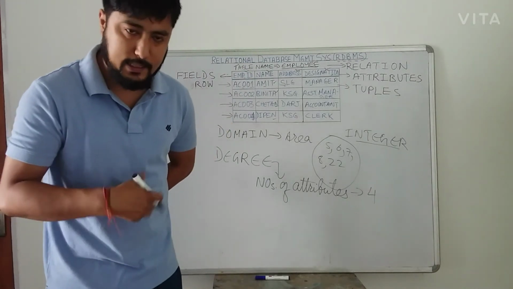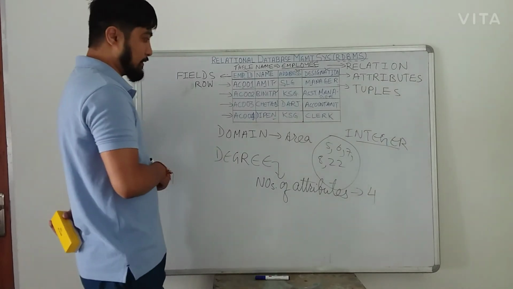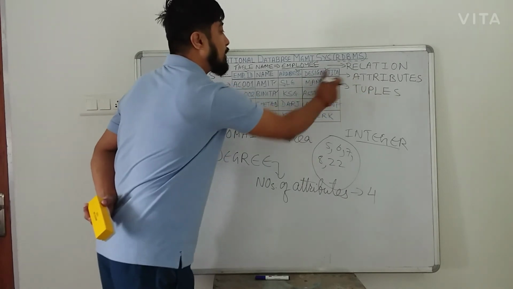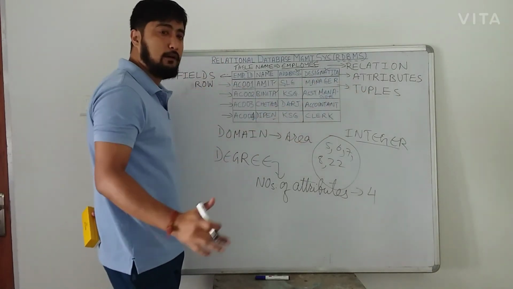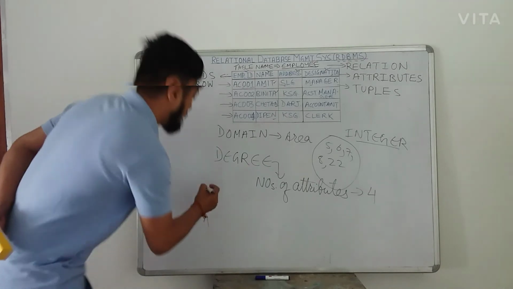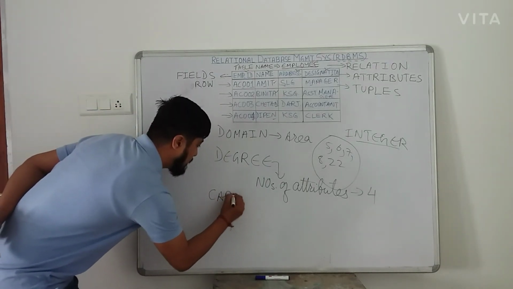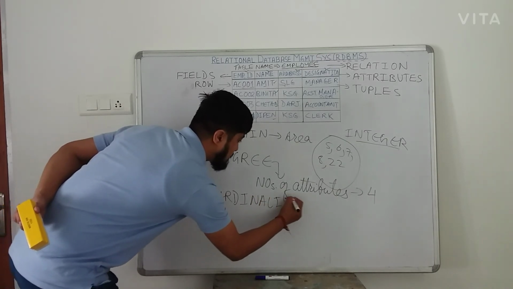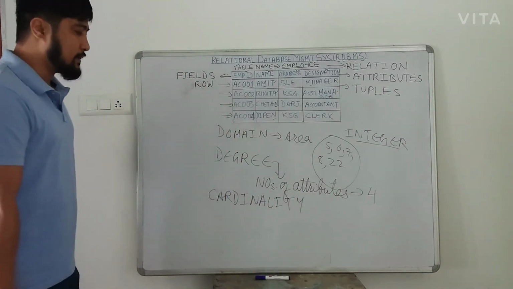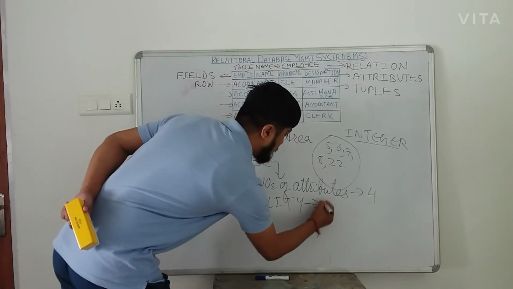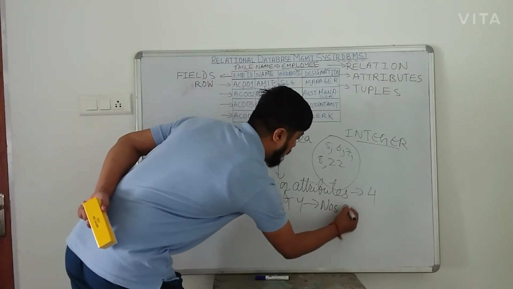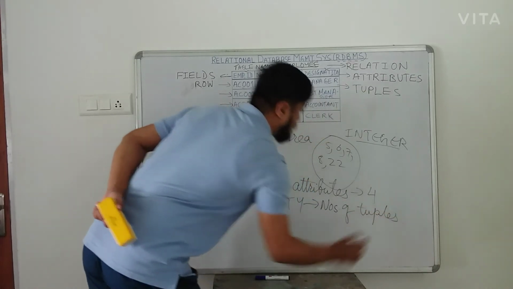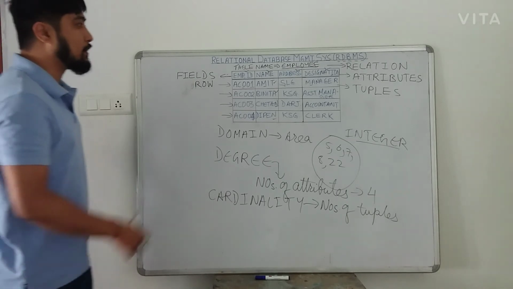Now the next is cardinality. So what is cardinality? Cardinality means the number of tuples, the number of rows. The number of rows or the number of tuples is known as cardinality. So how many tuples are there?